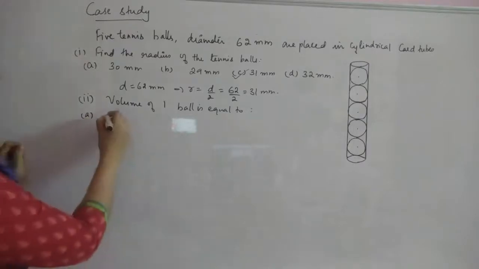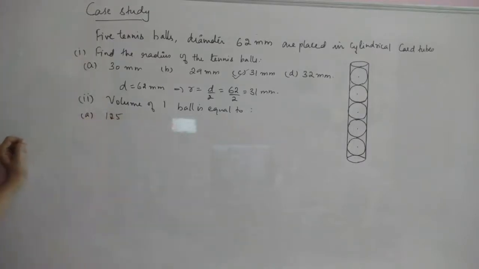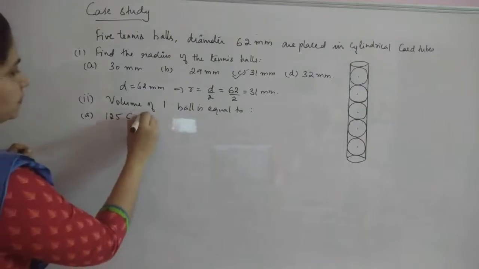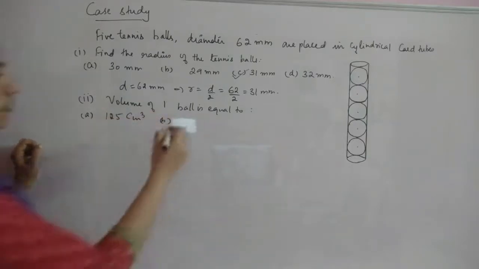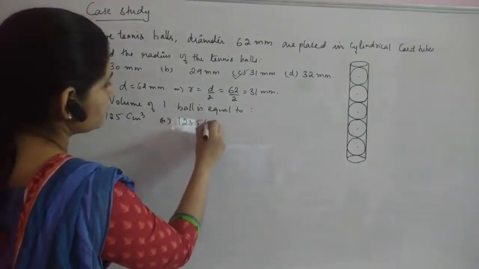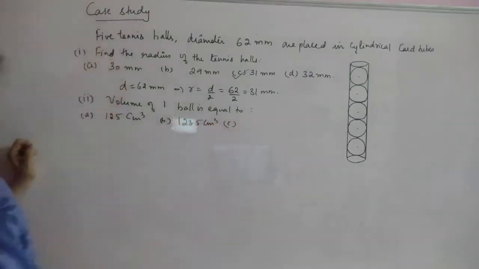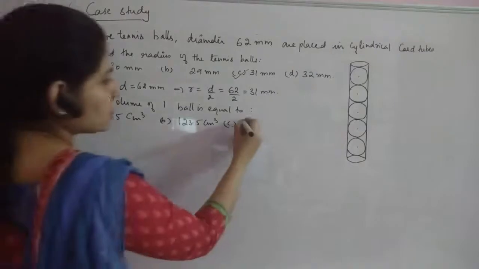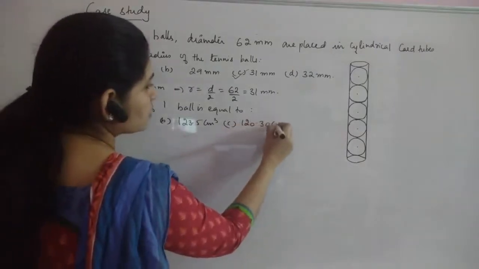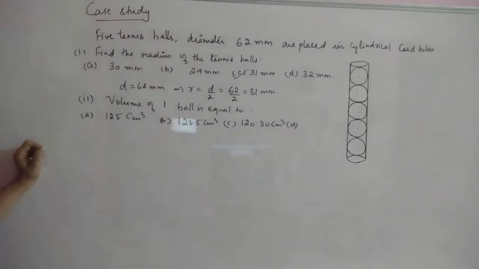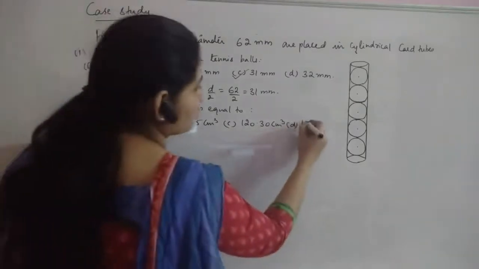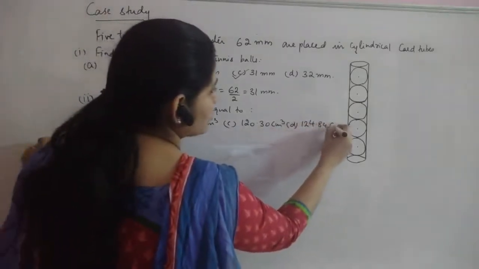The options given are 125 centimeter cube, then 123.5, 120.30 centimeter cube, and 124.84. You do and tell which you are getting.